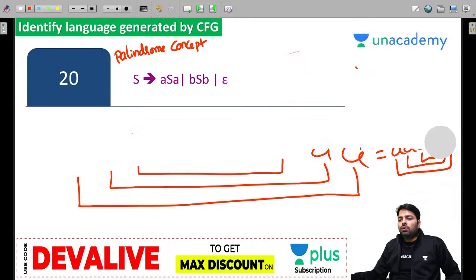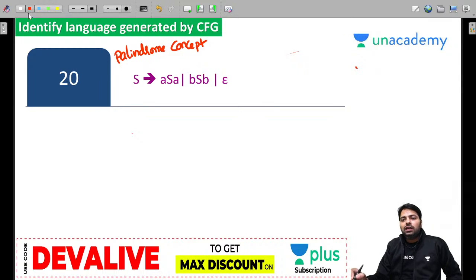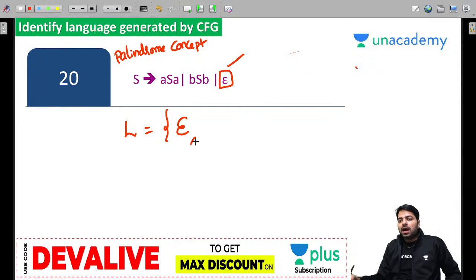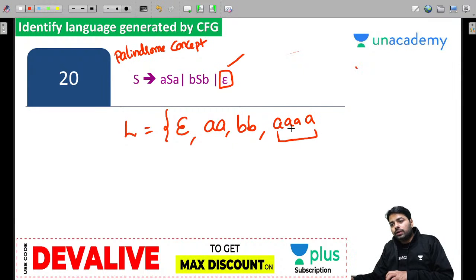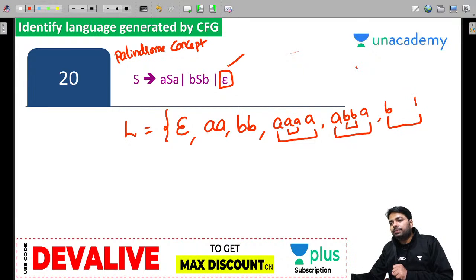Even length. Because now look at the strings you generate. Epsilon is the minimum, don't forget. Then for ASA, you can put epsilon, so you get AA, and BB, which are length 2. After length 2 comes length 4. For length 4, if the first is A, then the last is A, and in between you can write an A or a B. If the first is B, the last is B, and in between you can write A's or B's.